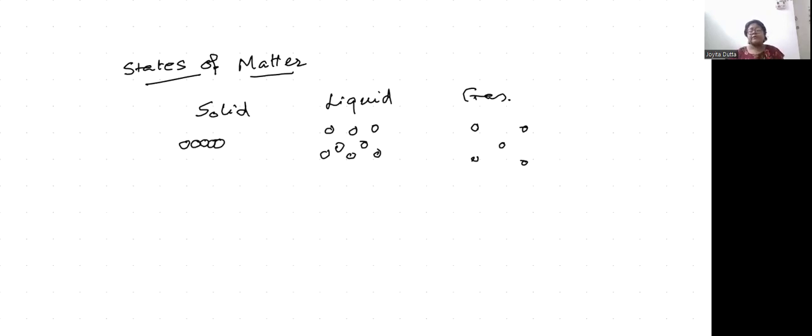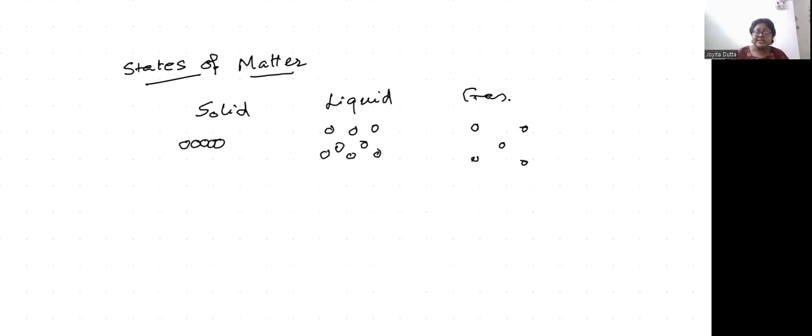So liquids, what happens? We have water. We pour it into a glass, it takes the shape of the glass. We pour it into any other vessel, it takes the shape of the vessel. It has a mass, it takes some space. Whereas gas, whichever container looks empty is actually filled with gases.